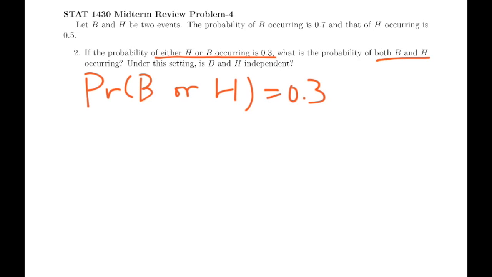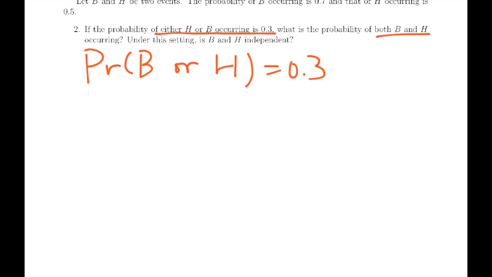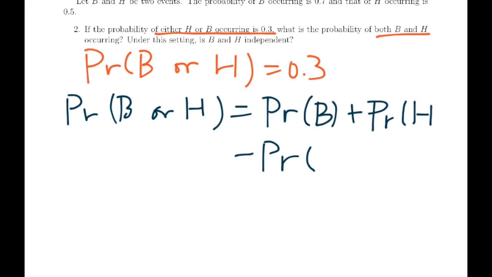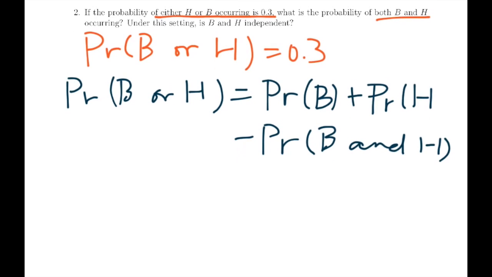So remember, we have the general formula for the probability addition. That is P(B or H) is equal to the probability of B plus the probability of H minus the probability of B and H. That means both two events will occur.